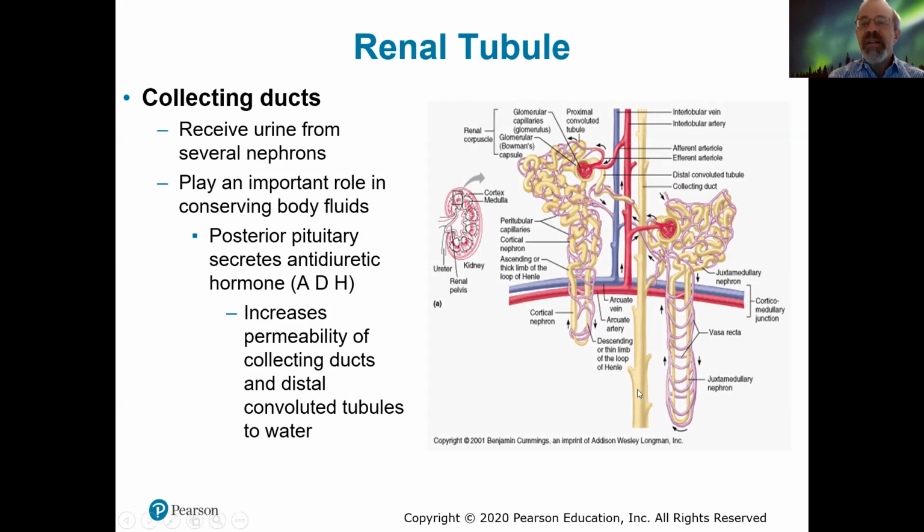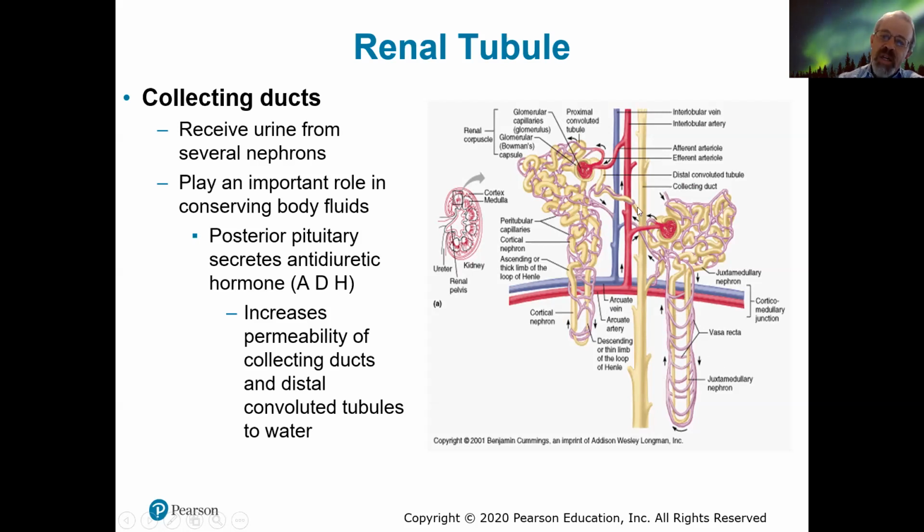The collecting duct is under the control of a hormone that's stored in the pituitary called ADH, antidiuretic hormone. As the filtrate passes through the tubules, much of it is reabsorbed back into the vasa recta and the peritubular capillaries, and then some from the vasa recta and capillaries is secreted.